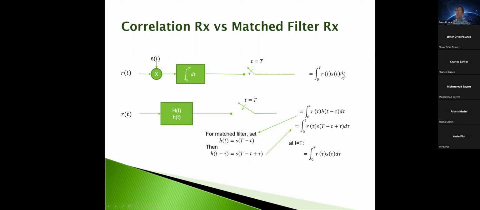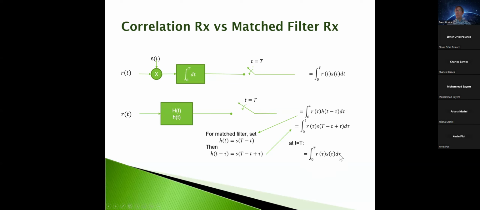Now look at these two things, right? So this is at the instant of t equals the period, capital T. You're going to have this result, and here the same thing, at t equals the period, capital T, you end up with this result.